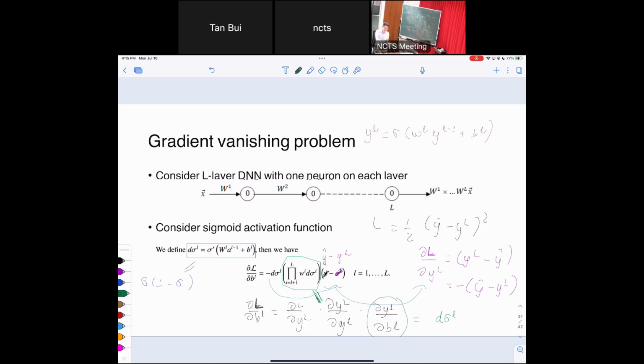So we look at the dL/dW_L. Can somebody tell me what is dL/dW_L, given all the information that we have so far?